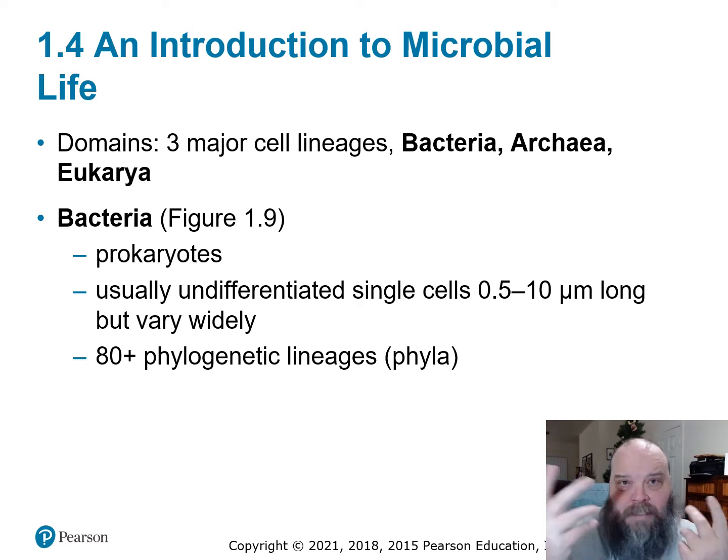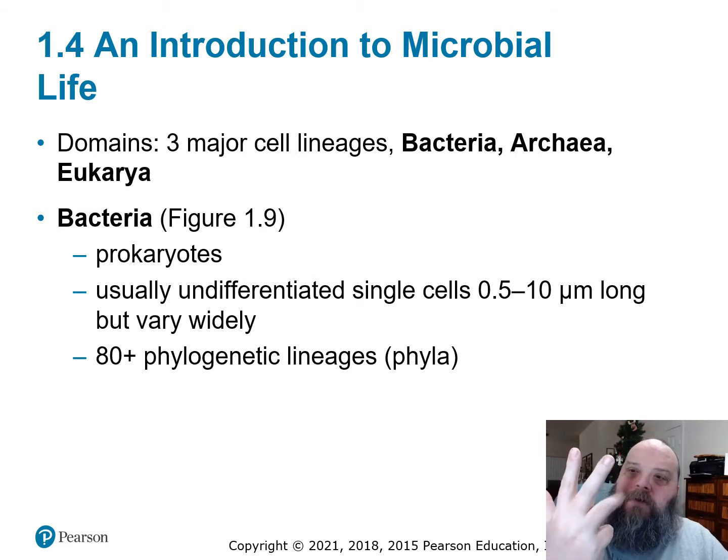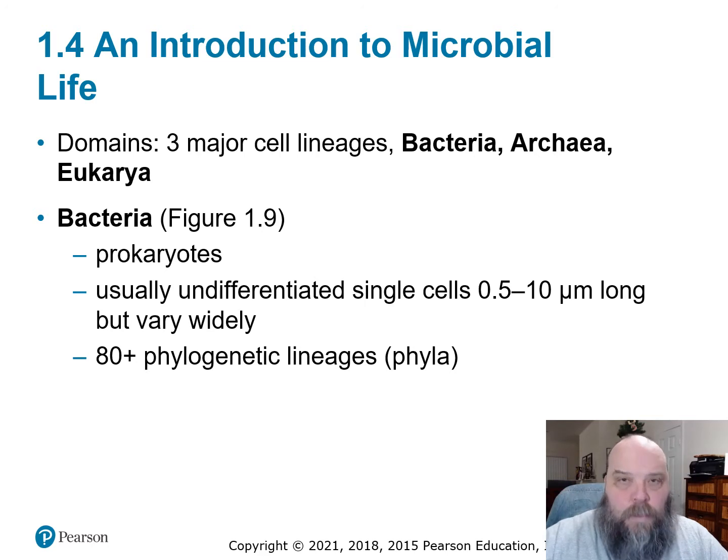Eukaryotes, well, that's everything we normally see. Us, mammals, animals, insects, plants, fungi, protozoa, anything with a nucleus. Eukaryotes. Anything without a nucleus, without internal membranes forming organelles: prokaryotes. The archaea. The bacteria.